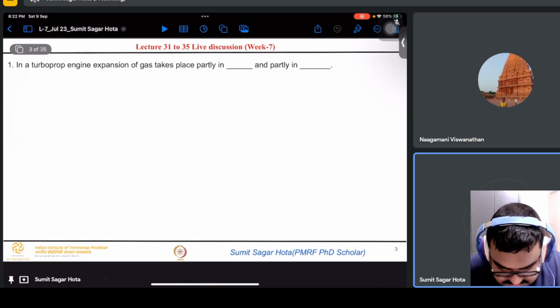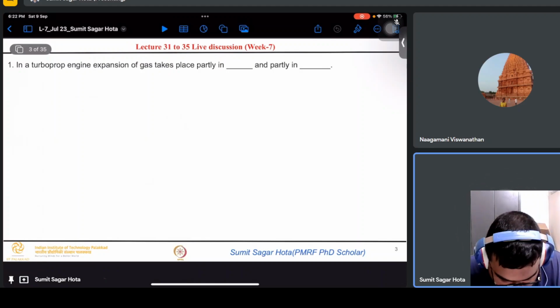The first question. In a turboprop engine, the expansion of gas takes place partly in dash and partly in dash.